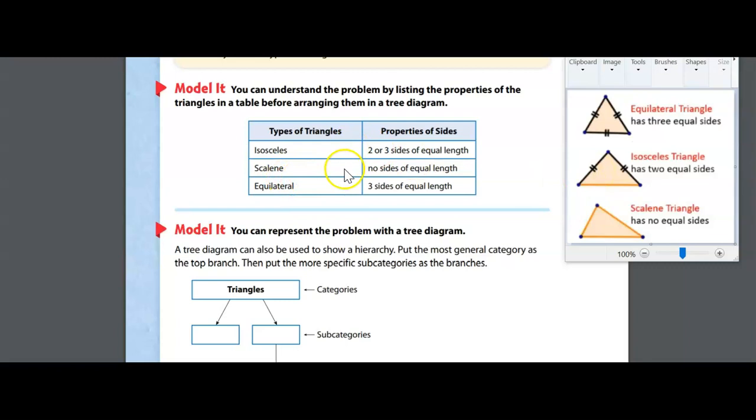A scalene triangle has no sides of equal length. So we have a scalene triangle right here, and each side of the triangle has a different length. And an equilateral triangle has all 3 sides with the exact same length. And we see an example right here where all 3 sides of this triangle have equal length.